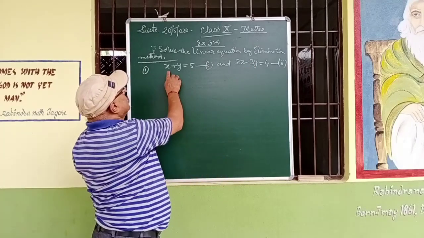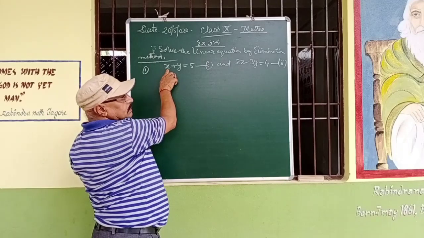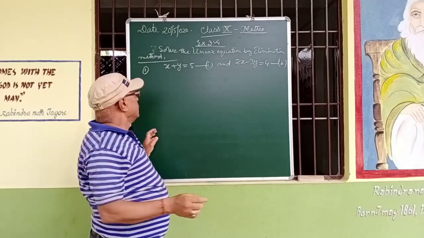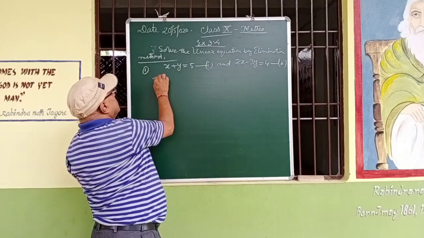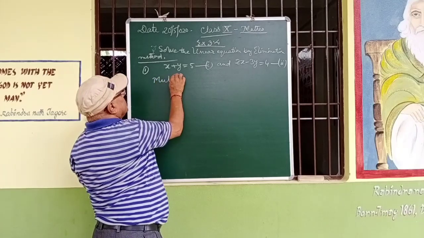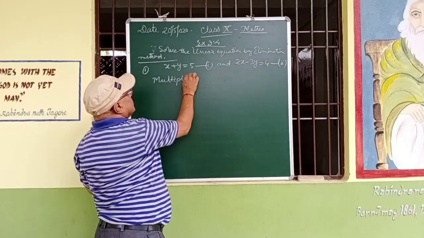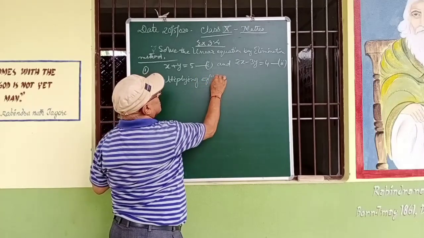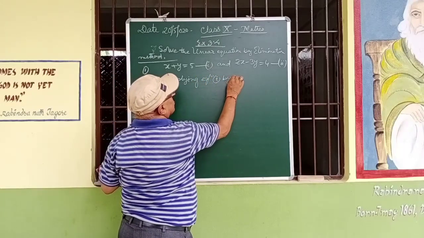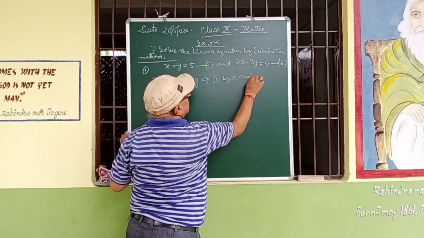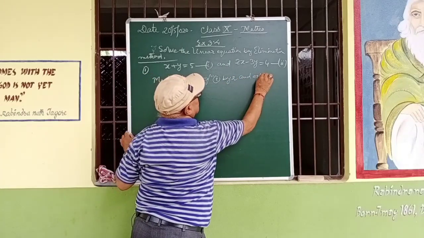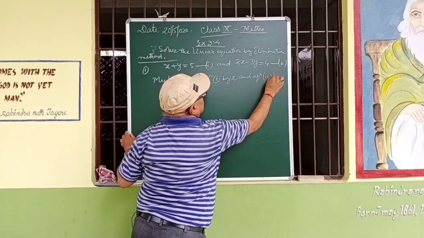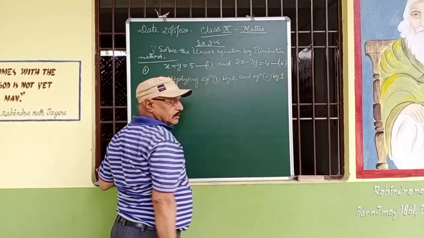So first to make x equal, we multiply equation 1 by 2 and equation 2 by 1.